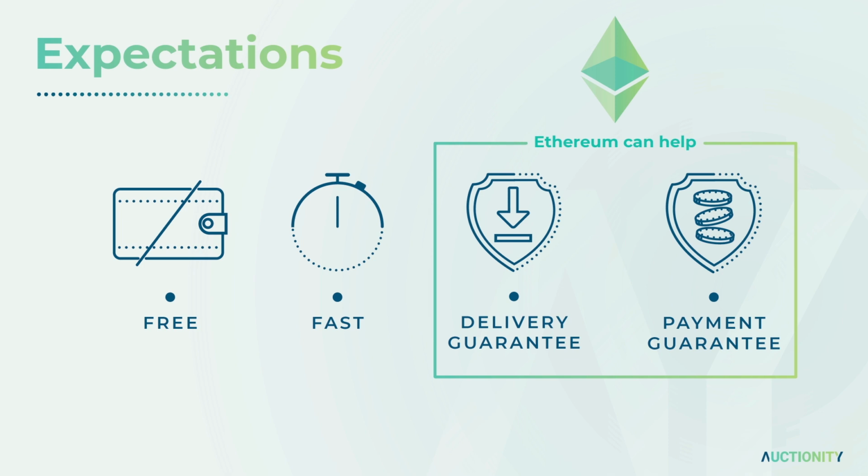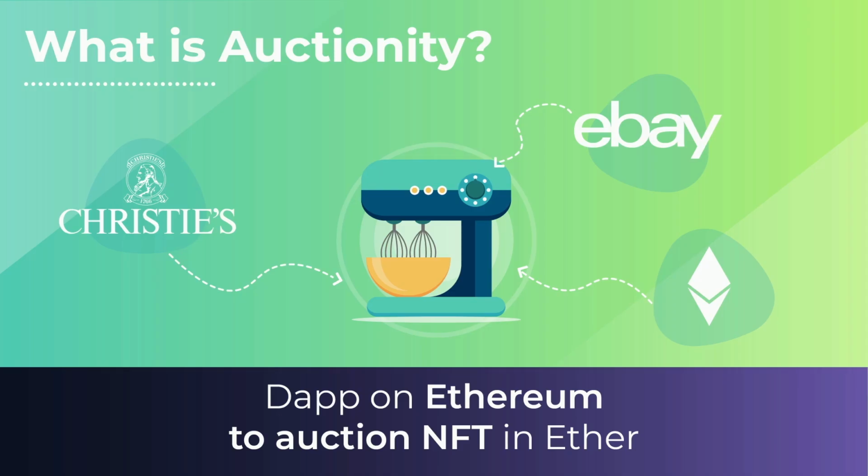These tokens are meant to represent something unique in the blockchain. So we decided that with this, we can guarantee delivery at the end of the auction. And basically, Auctionity today is a decentralized application running on the Ethereum blockchain to sell non-fungible tokens in Ether.